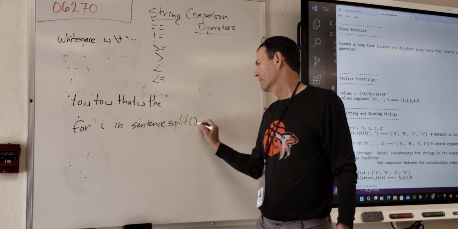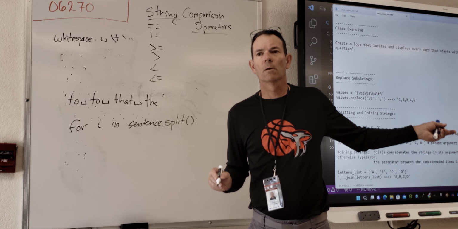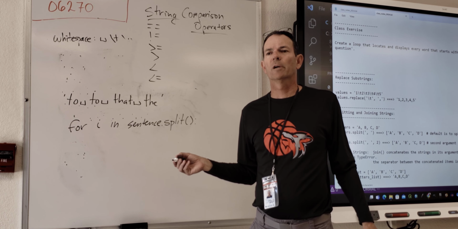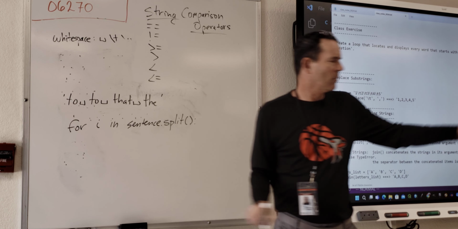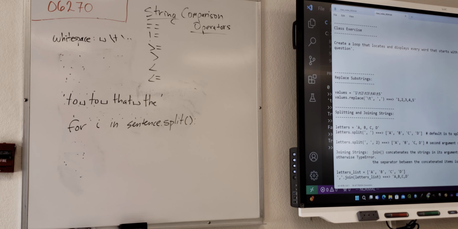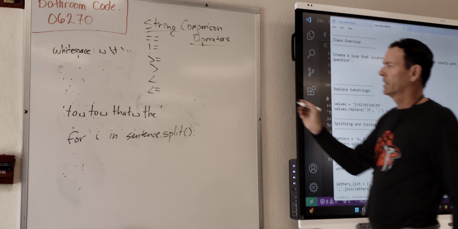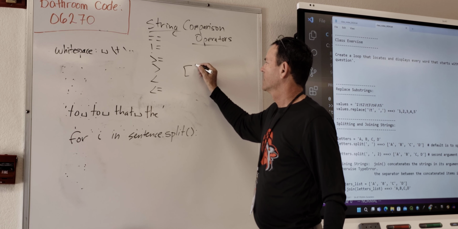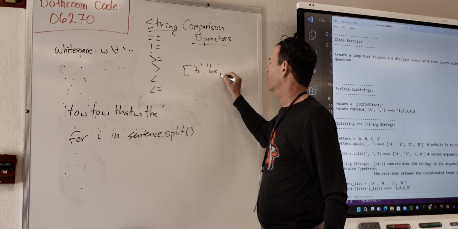Could it be Hamlet dot split or is it sentence? Or Hamlet, or whatever you named your variable. Okay? So I'm going off of this one. So this is sentence. Splitting it is going to create this list.